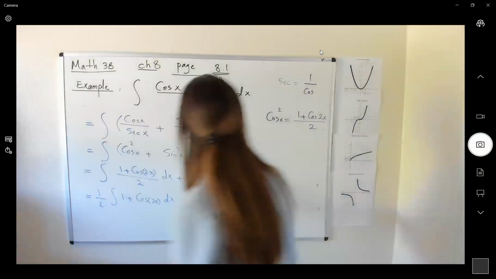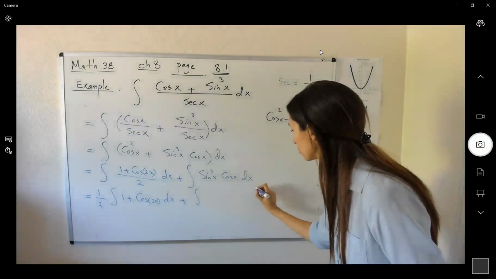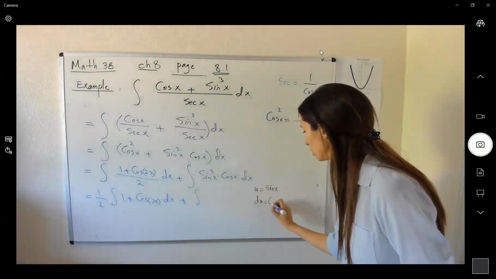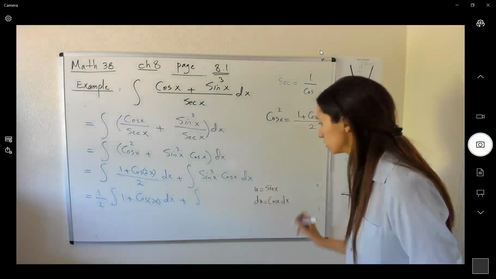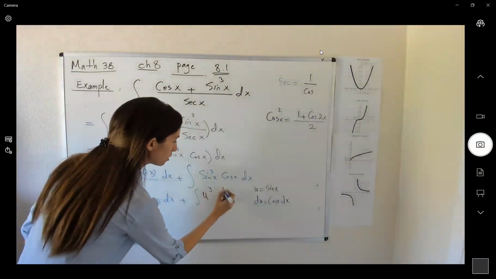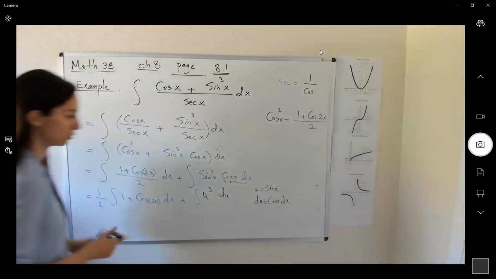To take this integral, we can use u-sub. You can say that u is equal to sine x, so du is cosine x dx. We get the integral of u to the third du.